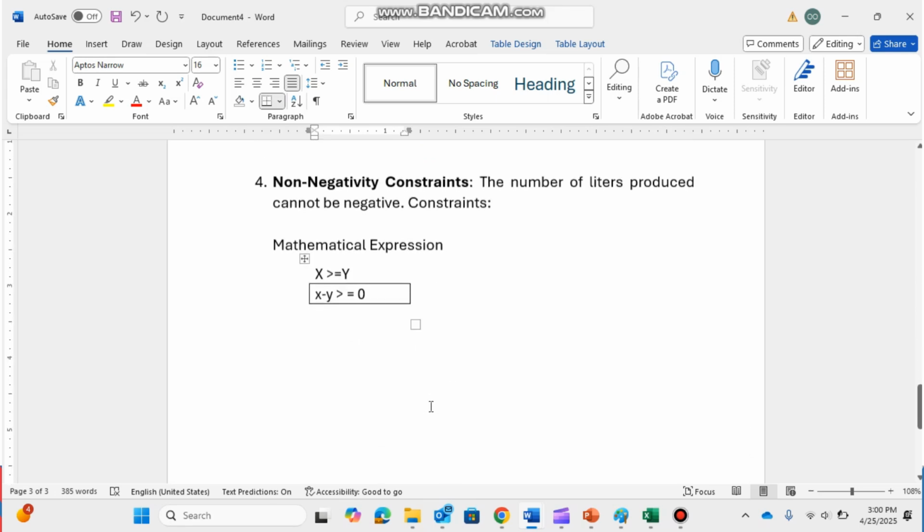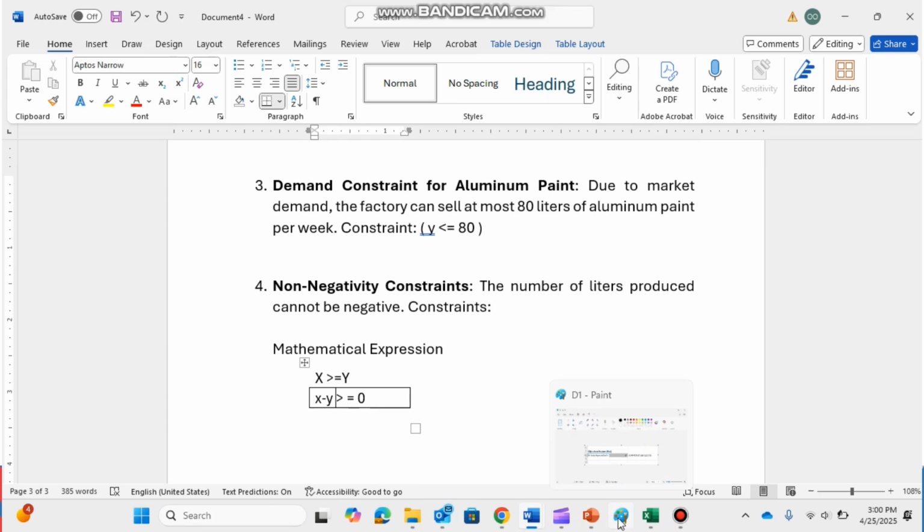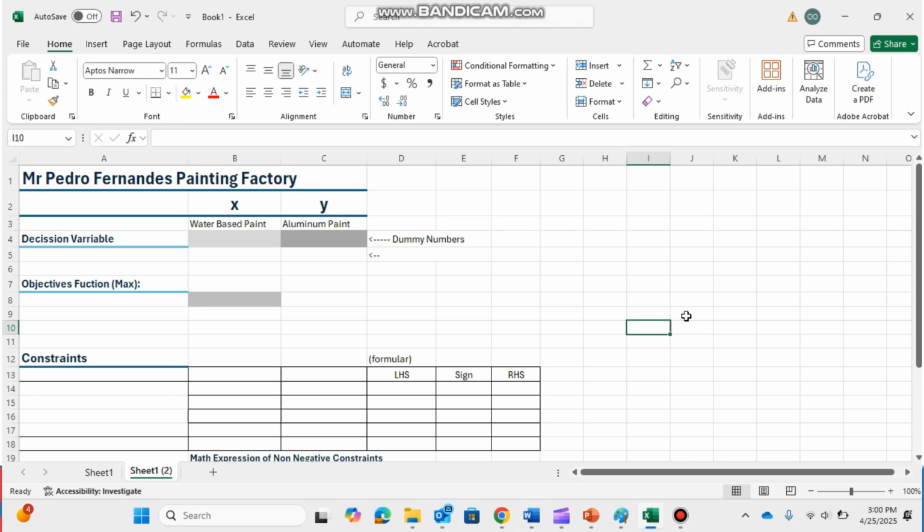Okay, so now let's move into solving the problem using Excel. I have this template already made for us in order to make the problem easy for us to solve. I have explained that x and y represent the water-based paint and aluminium paint. Now it is important for us to understand our decision variables.